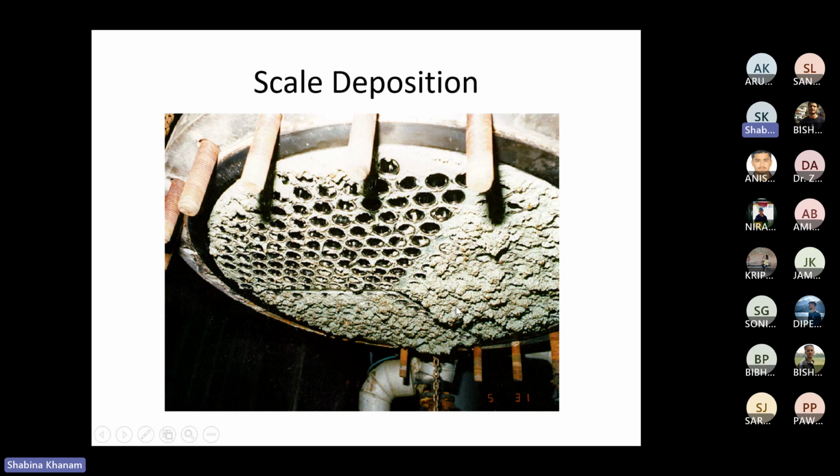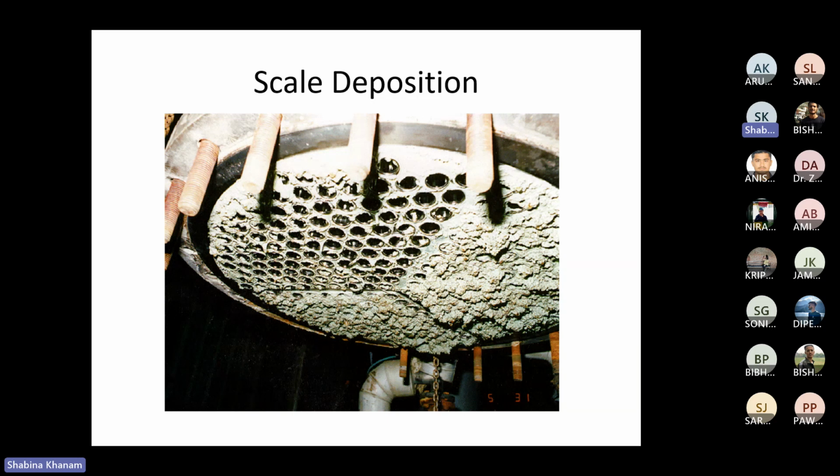If this type of material is accumulated in the shell, over the tubes, and also inside the tubes if some corrosion or scale formation is there, it is easy to clean that because tubes are straight. However, if this type of deposition occurs in the shell in between tubes, it is very difficult to clean. Therefore, while allocating the fluid, we consider one principle, that whatever bad we used to do, that we should do with the tubes, not with the shell.